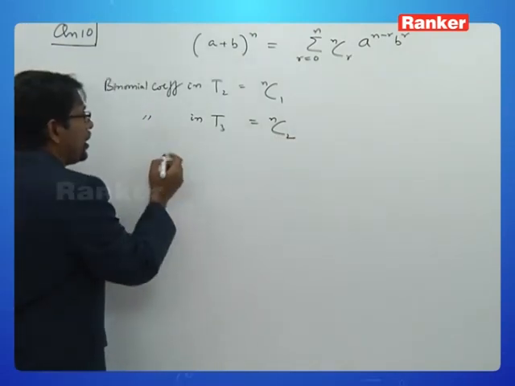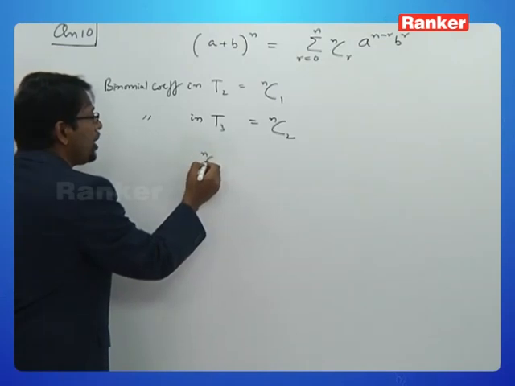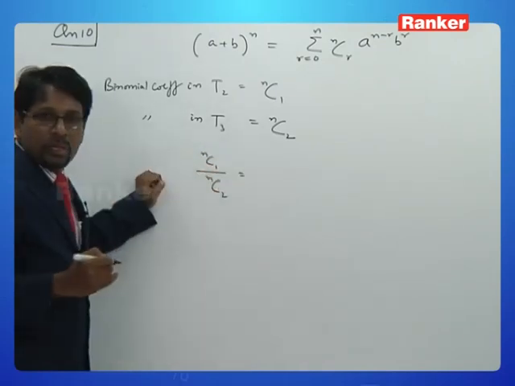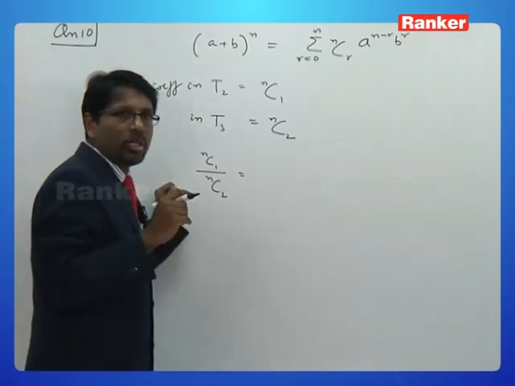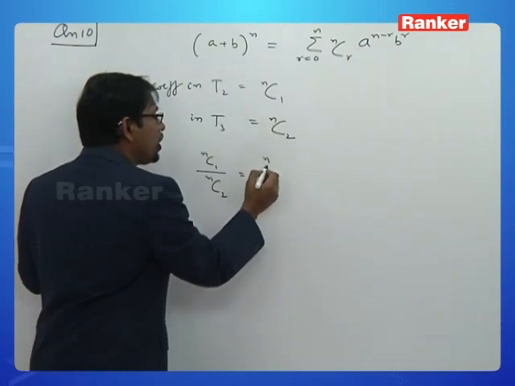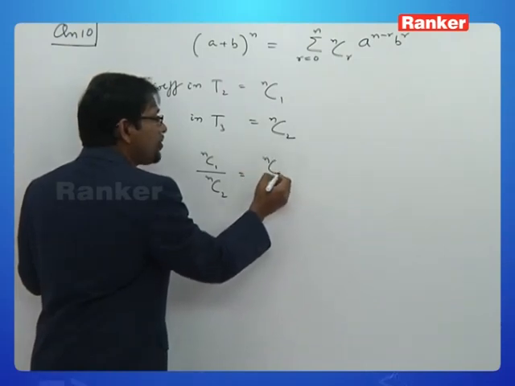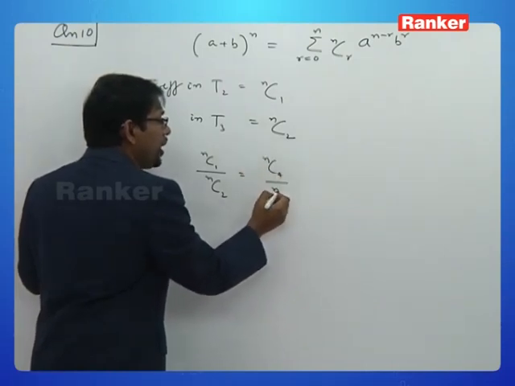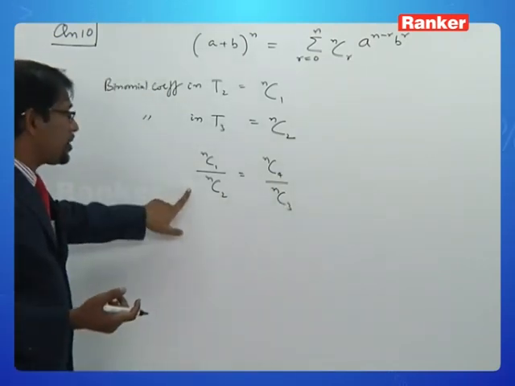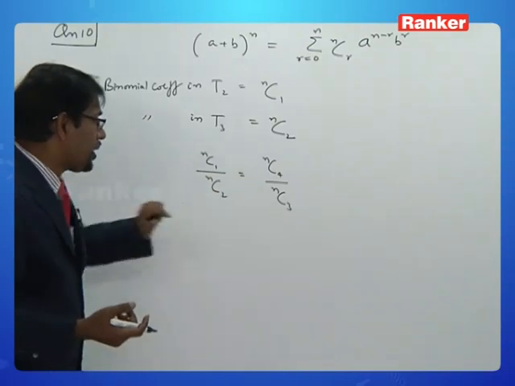Okay, he says nC1 by nC2 is equal to the ratio of the binomial coefficients of the fifth and fourth terms. So what is the ratio of the binomial coefficients of the fifth term then? nC4 divided by nC3. This is what is given. Now, nC1 by nC2 is equal to nC4 by nC3.